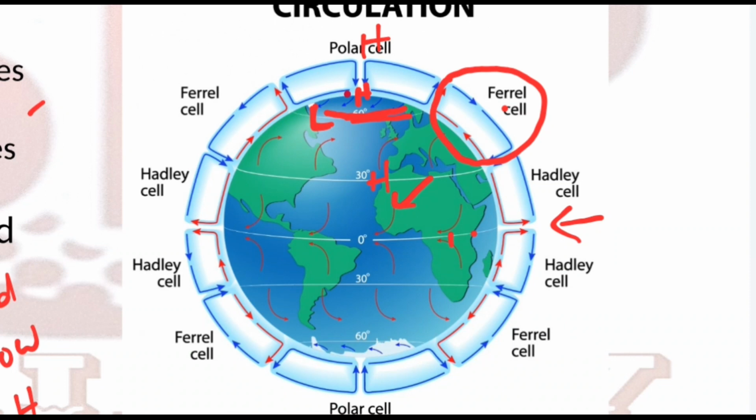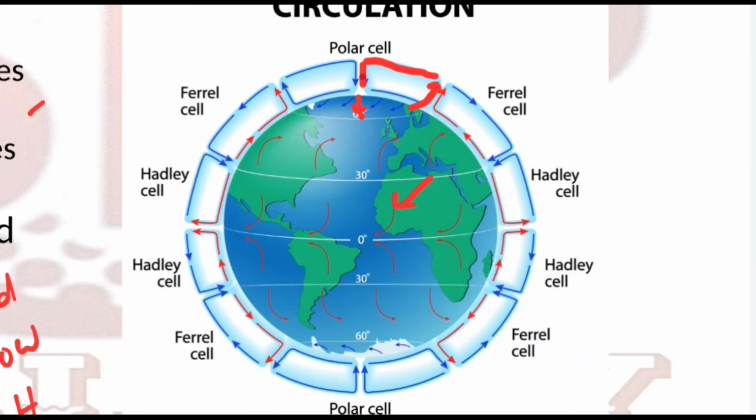So wind will flow superficially from 90 degree to 60 degree, and reaching 60 degree, it will get hotter, then rise upward. Then in the upper atmosphere, it will move horizontally and then again descend at the pole. So a circulation cell will be created here because of differential heating, which is called the polar cell.